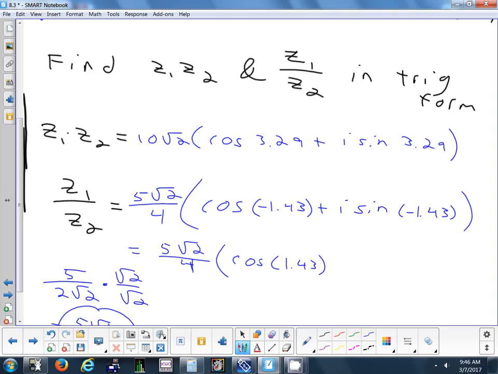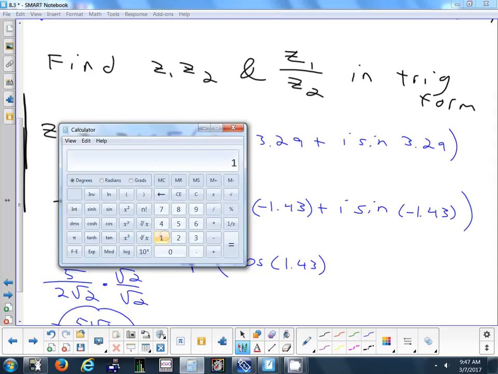Now, what about the negative with sine? Can I get rid of it there? No, I can't get rid of it there, but look at the difference between sine of 10, 0.173, and sine of negative 10, negative 0.173. So what's the difference between those two? Here's the sine of 10.